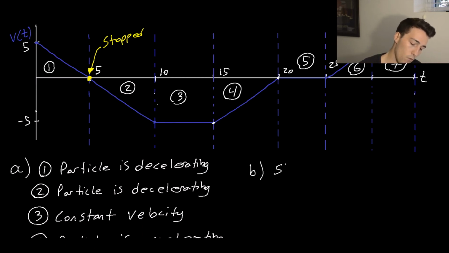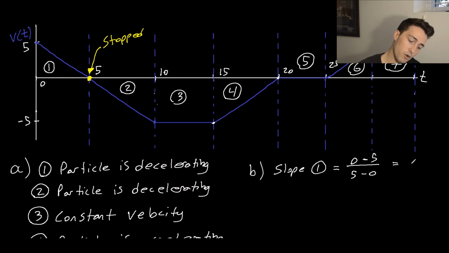So slope of 1 is going to equal, well, we have 0 as the final point and -5 as the initial point. So we have 0 minus -5 divided by, and then we have time from 0 to 5. So we should say 5 minus 0.